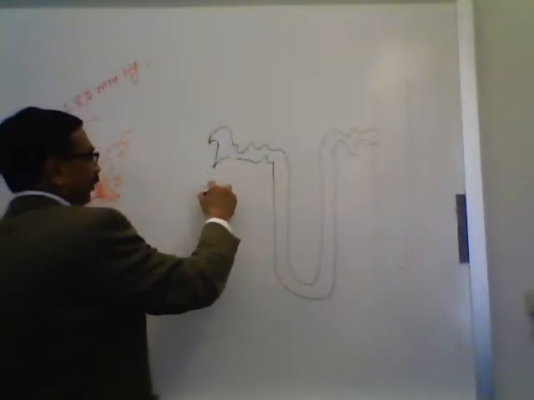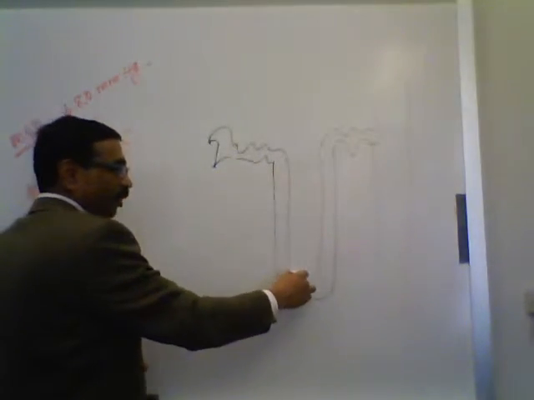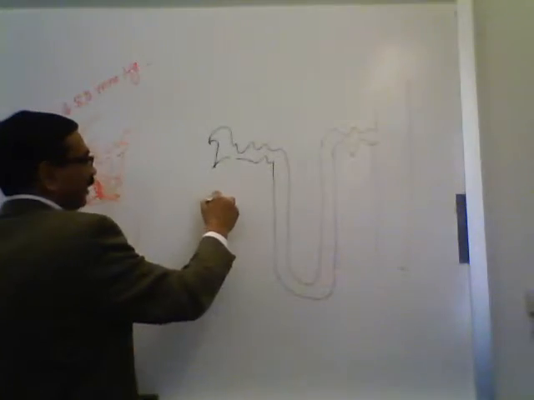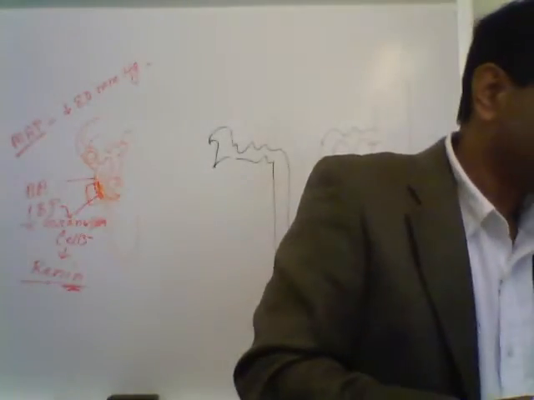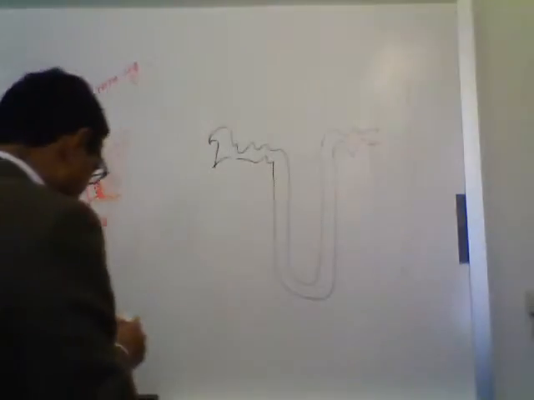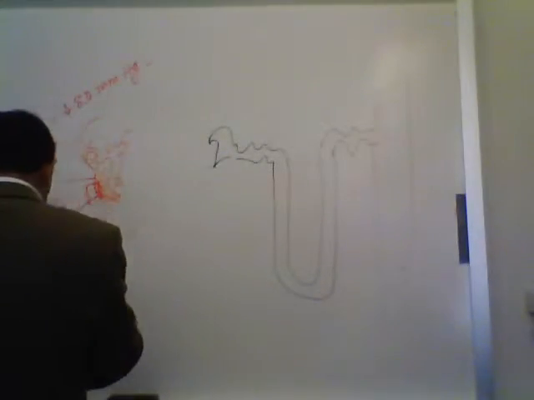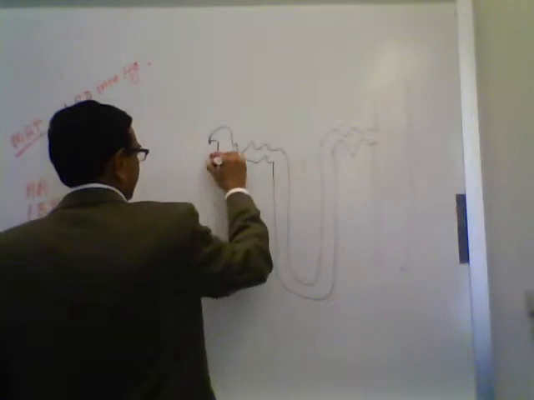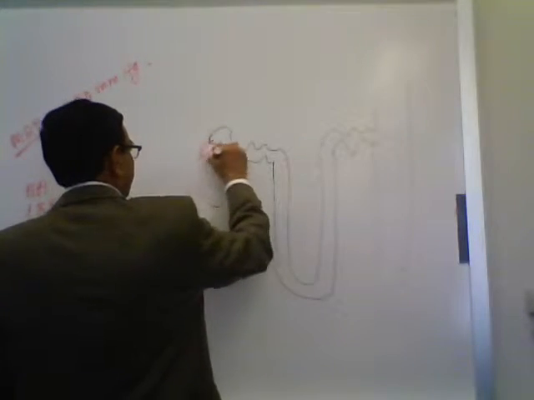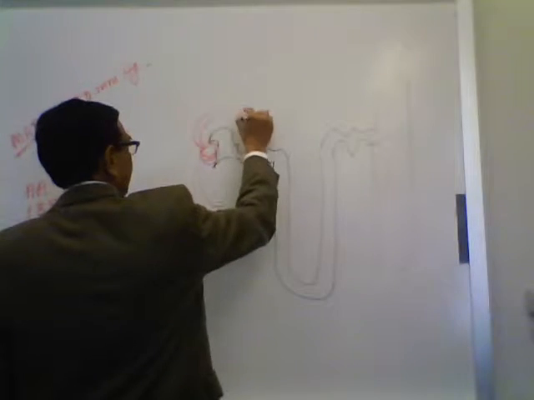Now, you remember in long looped nephrons, you have what? Vasa recta. In long looped nephrons, you already know there are three sets of capillaries. We have talked about that. So this is the glomerulus here. This is the efferent arteriole.